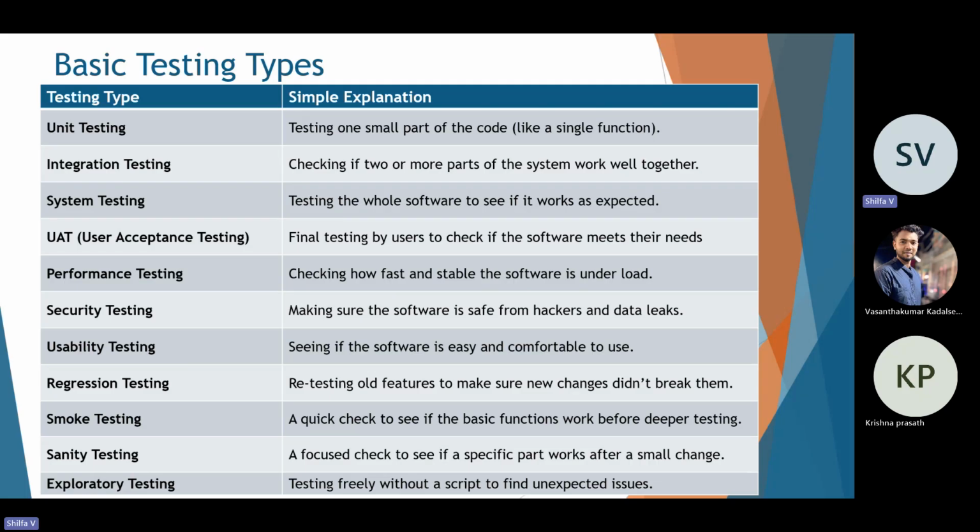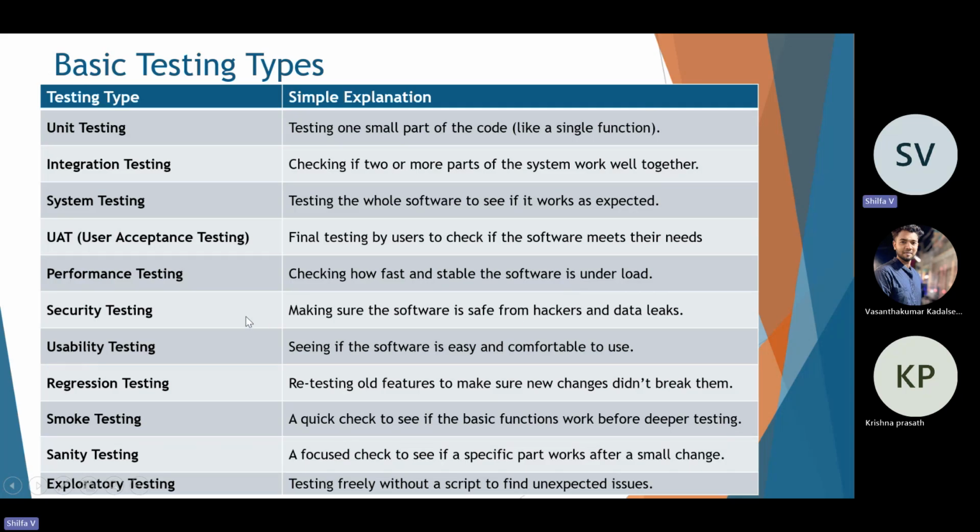Integration testing is checking that two or more parts of the system work together. System testing is checking the whole software. UAT is the final testing by users, checking whether the software is working properly or not. And performance testing checks whether the software is fast and stable.